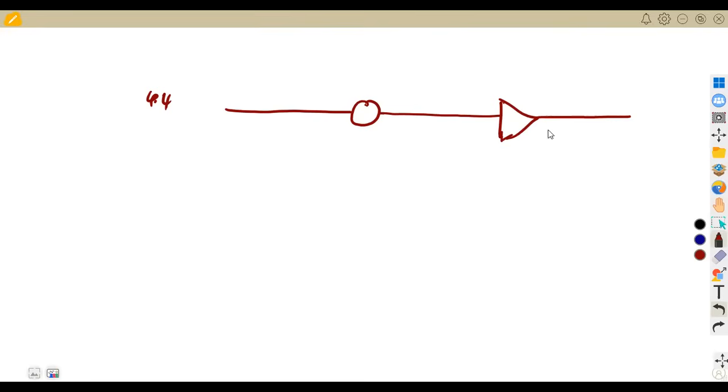But when it has feedback, we now consider the signal coming back to the summation point. This is our feedback signal going back to the summation.